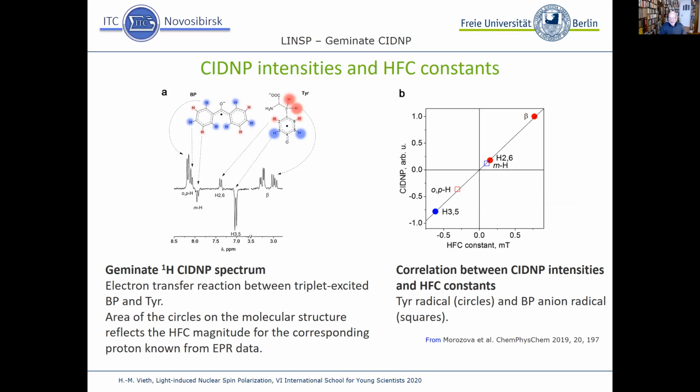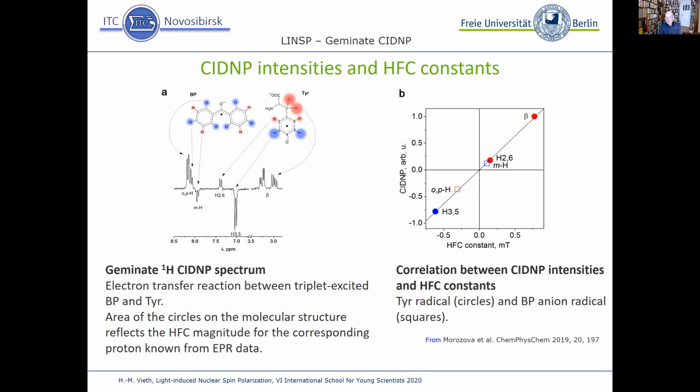A direct, linear correlation between the size of the CIDMP effect, meaning the CIDMP intensity, and the hyperfine coupling constant. This is a very powerful tool for analyzing your intermediate radicals.